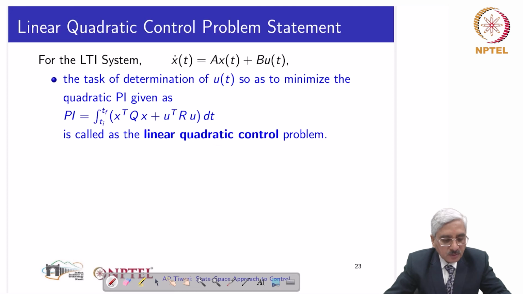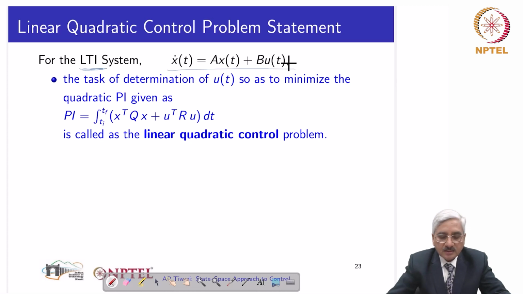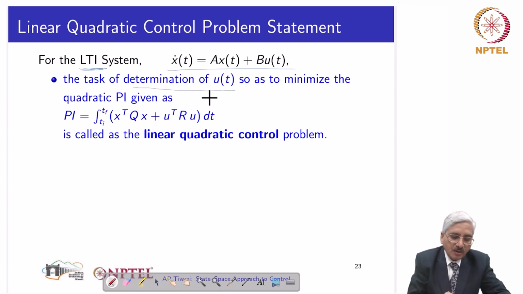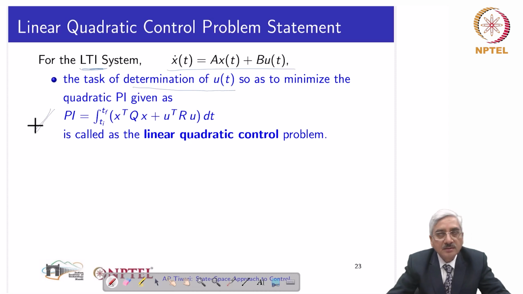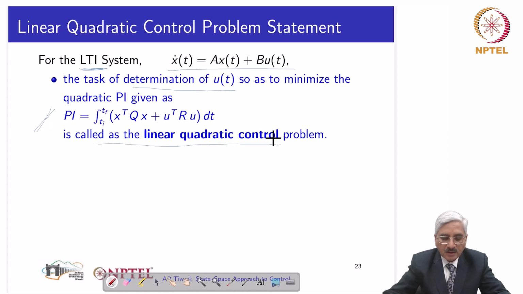Now with that background, we come to the linear quadratic control problem. We state the problem. Given the linear time invariant system x dot equal to Ax plus Bu, the task of determining u so as to minimize the quadratic performance integral between the limits ti and tf is called the linear quadratic control problem.